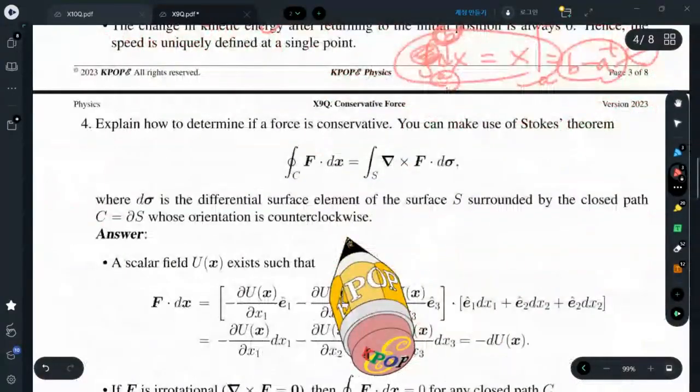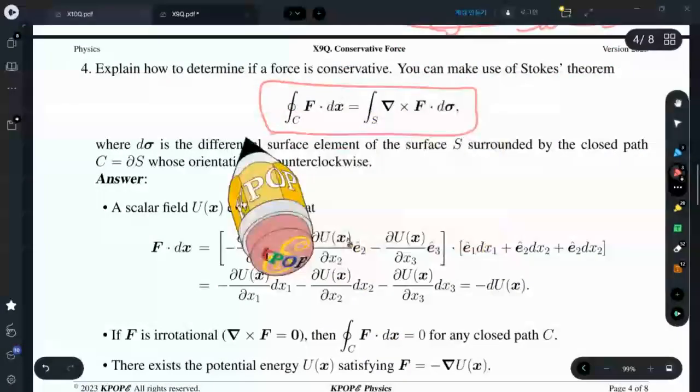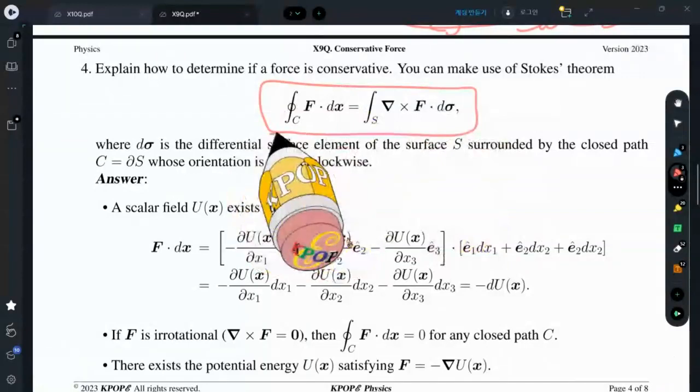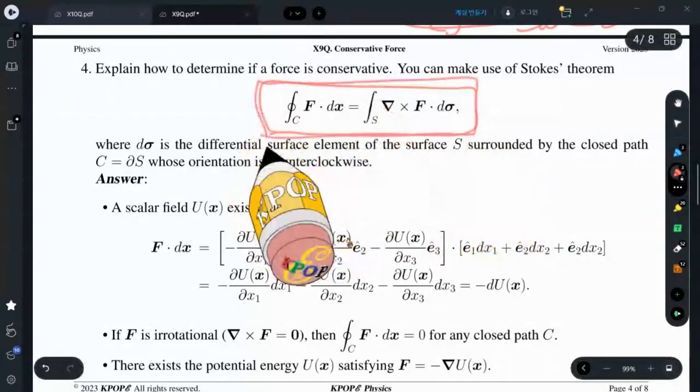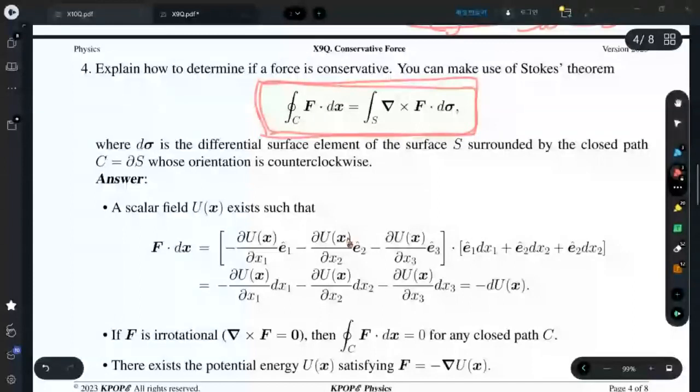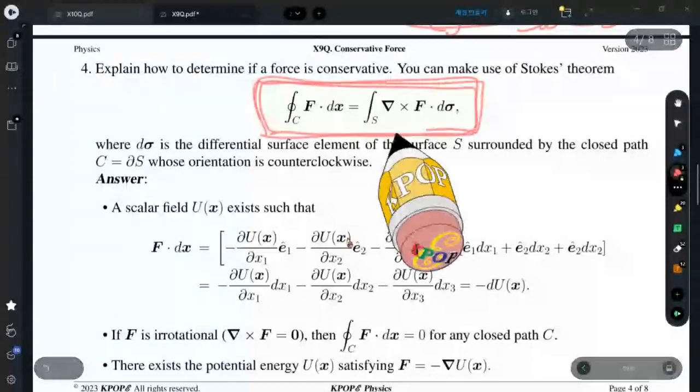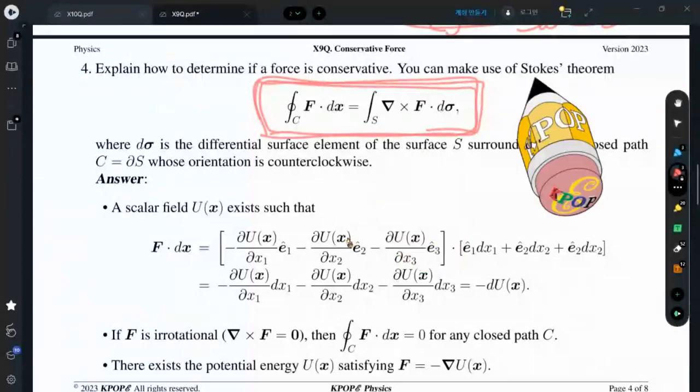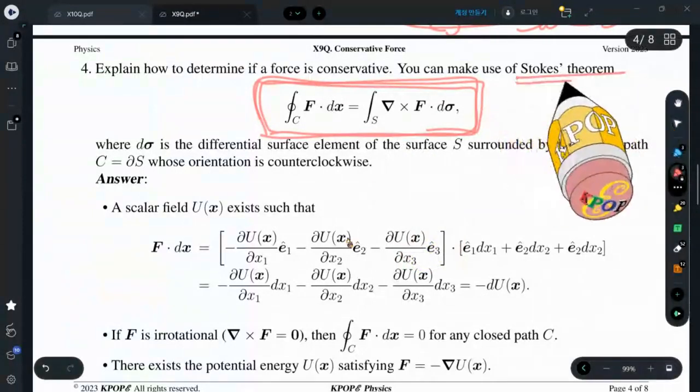In addition, you have to memorize this. Your brain must have a carbon copy of this. We'll keep using this relation that is called Stokes' theorem.